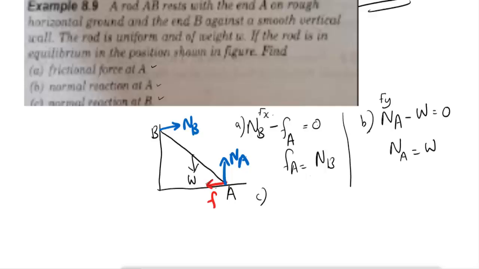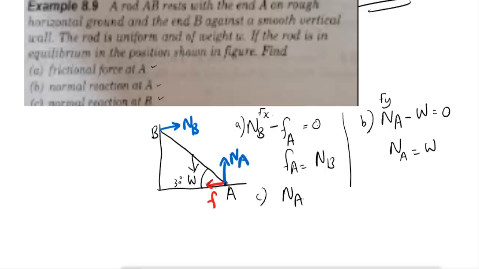So for A, how will we find the total torque acting on the system? And here in this question it is given that this angle is equal to 30 degrees. That is also given in the question. So tell me, because of this point A, what is the torque acting on the system? Torque is force into perpendicular distance, and NA is the force which is acting on it.